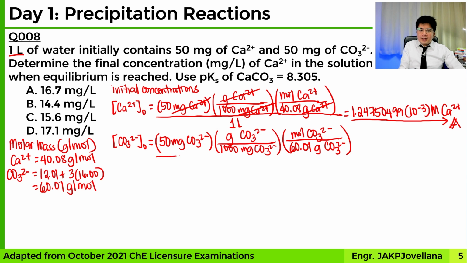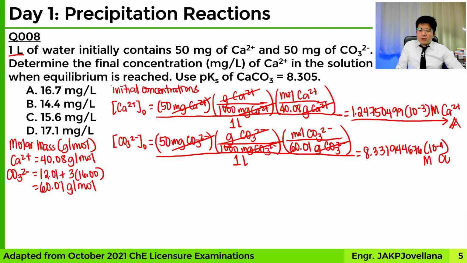Then, we can divide this by the total initial volume, 1 liter. So we can cancel milligrams of carbonate, grams of carbonate, and we'll have moles of carbonate per liter. So the initial concentration of the carbonate ion is around 8.33 times 10 to the minus 4 molars of carbonate. Since we will use this value, let us store these two variables in our calculator.